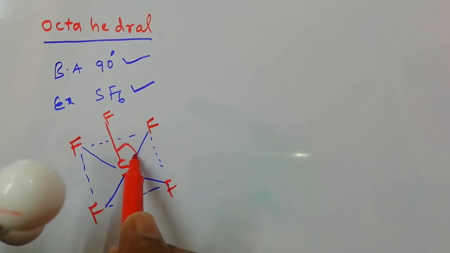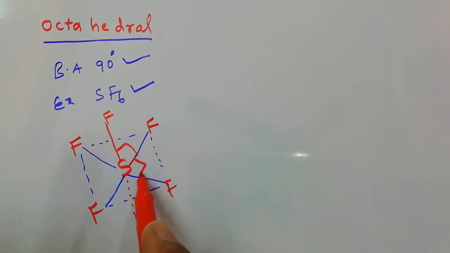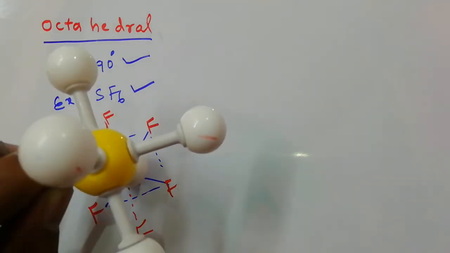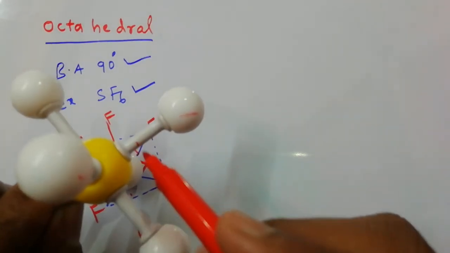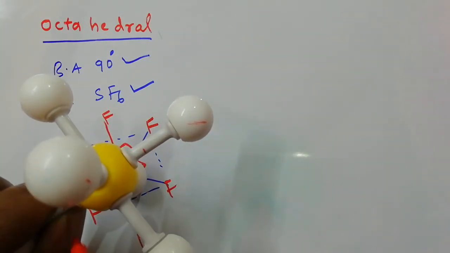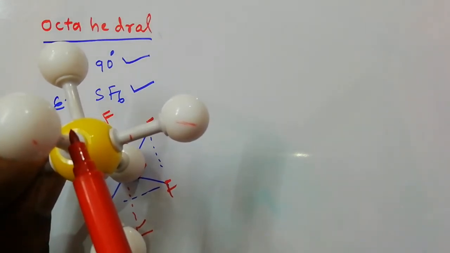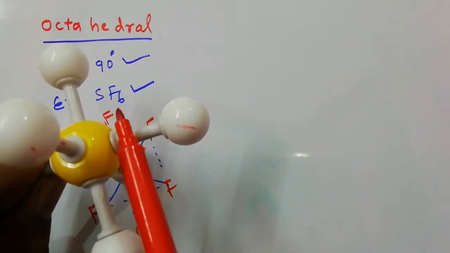Similarly you can take it in the same plane also, it is 90 degrees. If you look at this direction, this is 90 degrees. Within the plane everywhere you can take 90 degrees, and the bond above the plane and the bond within the plane also it is 90 degrees.